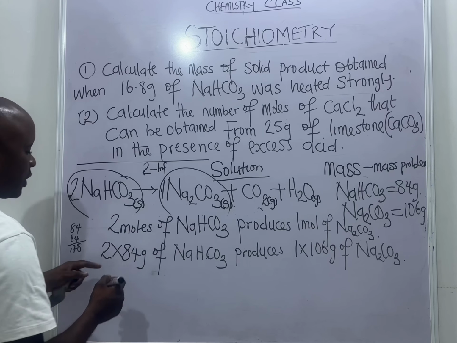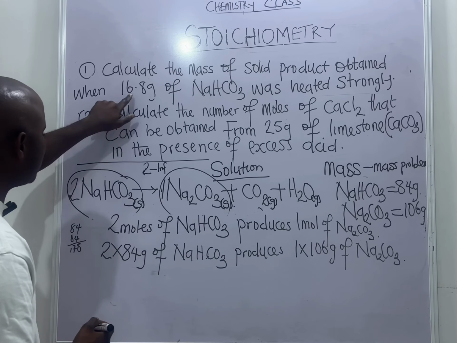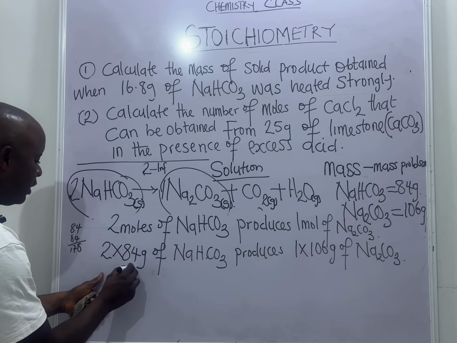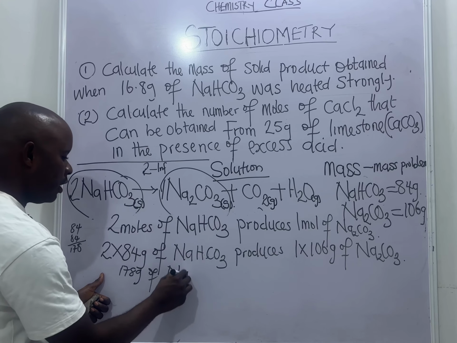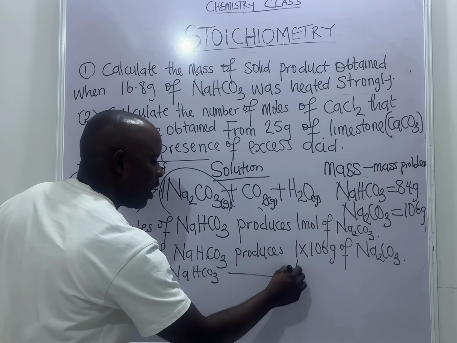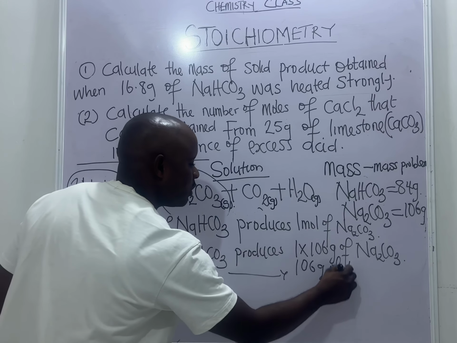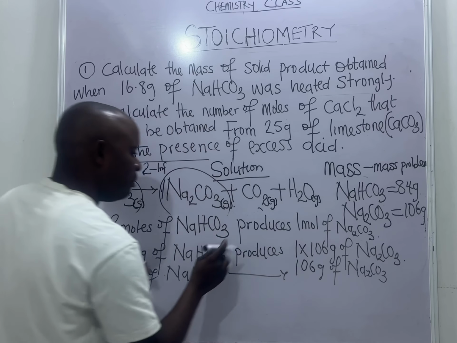Since we have compared the grams of both of them in the reaction, let's say 178 gram of this sodium hydrogen trioxocarbonate produces 106 gram of sodium carbonate from a balanced chemical equation.